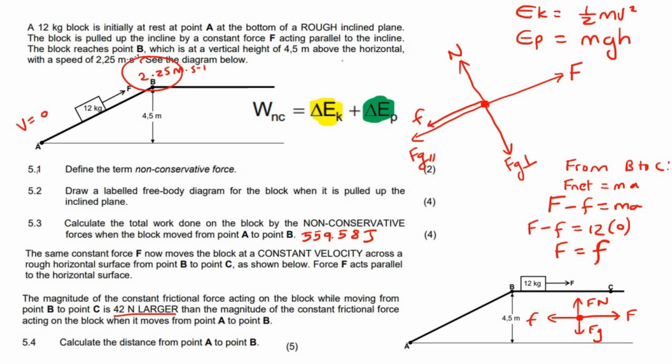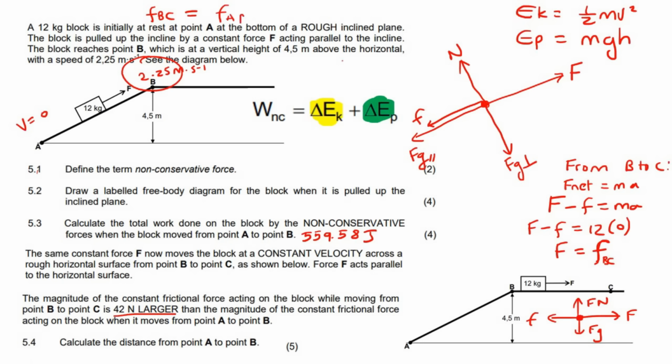I know this is the friction from B to C, but what I can say is that the friction from B to C is 42 larger than the friction from A to B.